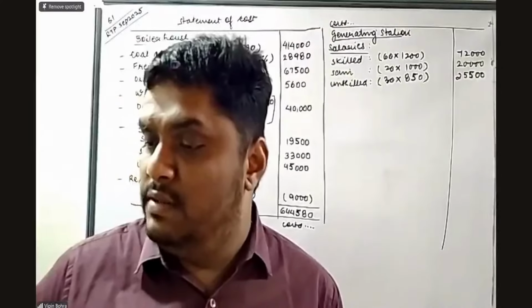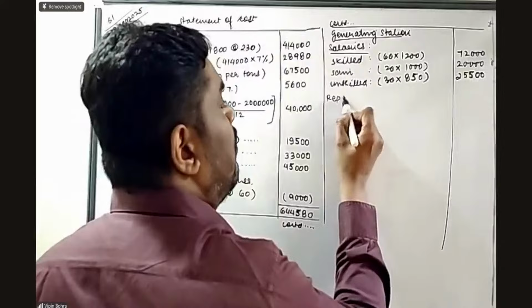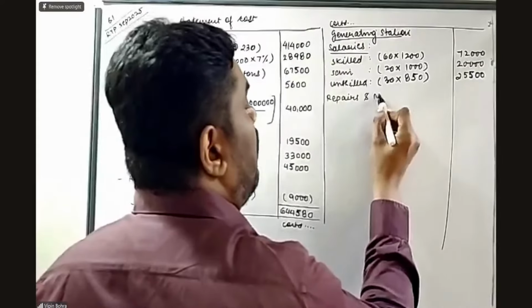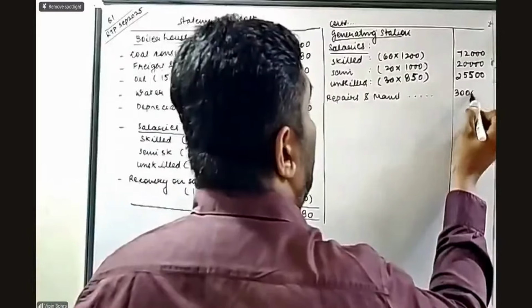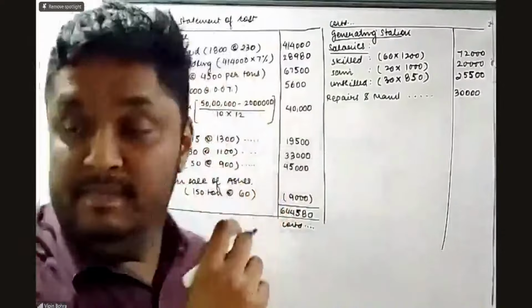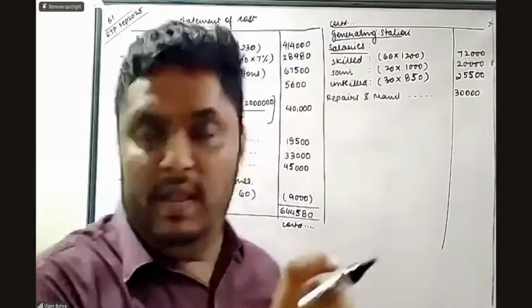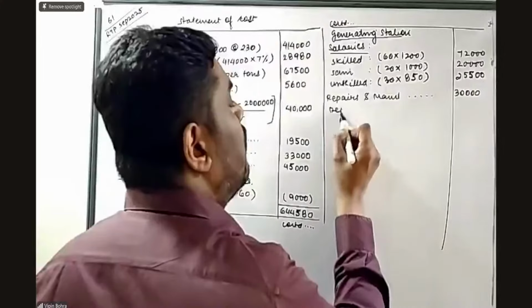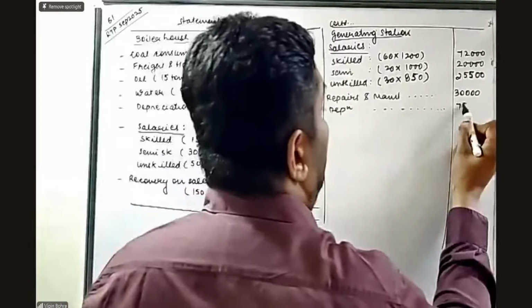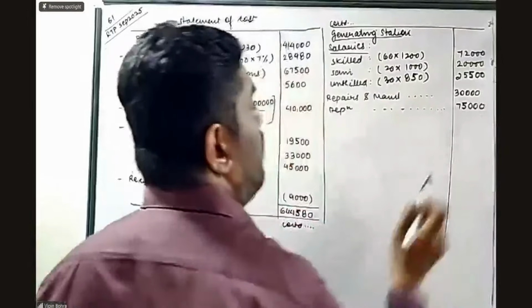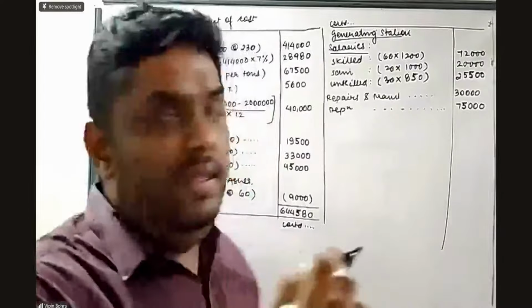Repairs and maintenance of generating equipment is 30,000. Depreciation is 75,000. Insurance premium is 15,000.